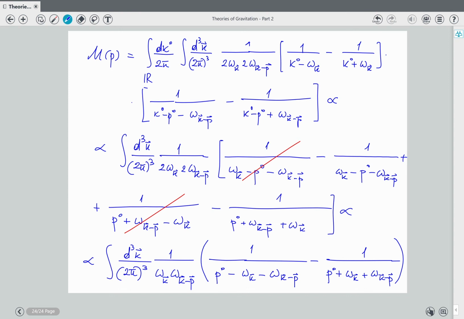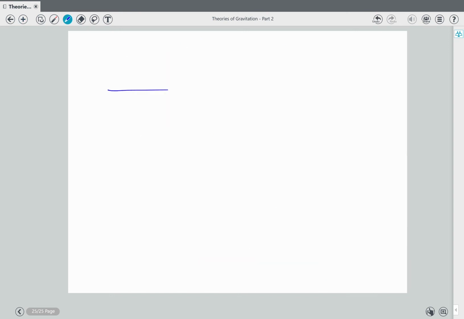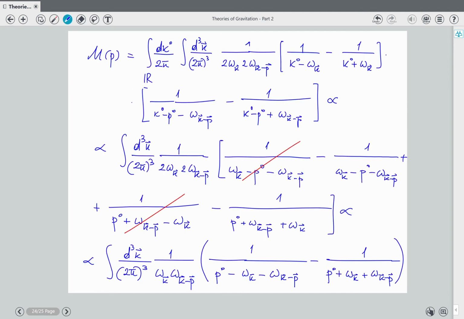So the result is analytic everywhere. M of p is analytic everywhere, but where this is singular.